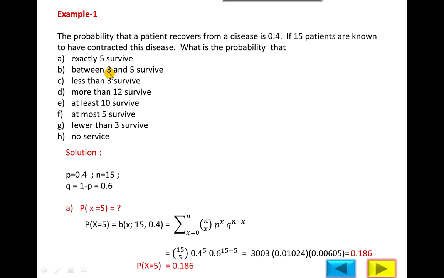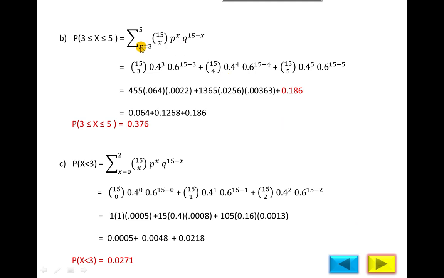Now the second part, between 3 and 5 survive. Between 3 and 5 means x greater than or equal to 3, less than or equal to 5. There are different values of x from 3 to 5. n is fixed at 15, p is constant 0.4, q is fixed for this question at 0.6, but the value of x varies from 3 to 5.